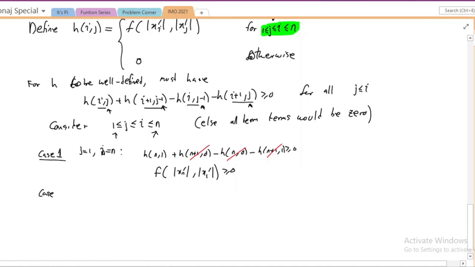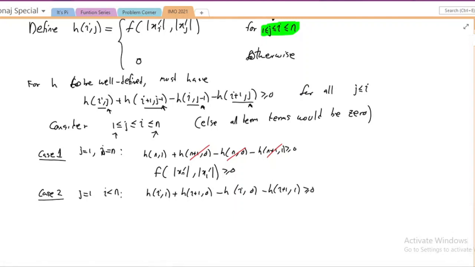So there are 4 cases. Case 2, so j is 1, but now i is less than n. Of course, i has to still be greater than or equal to j. Just take that as a natural assumption. So this will be h(i,1), h(i+1,0), h(i,0), h(i+1,1).